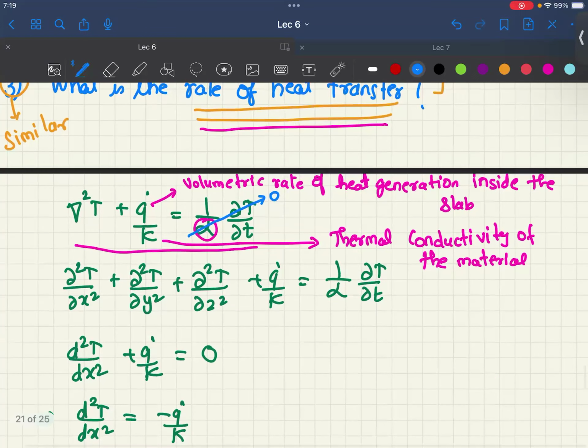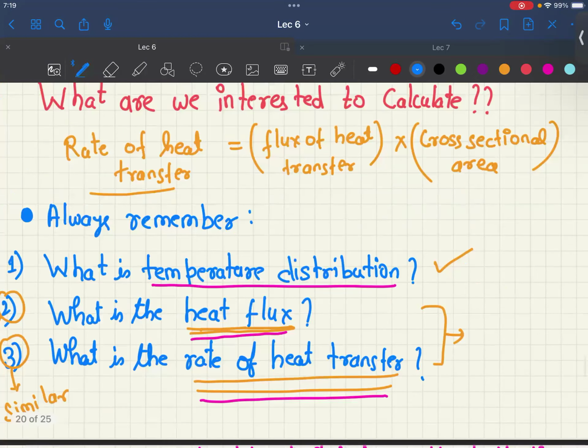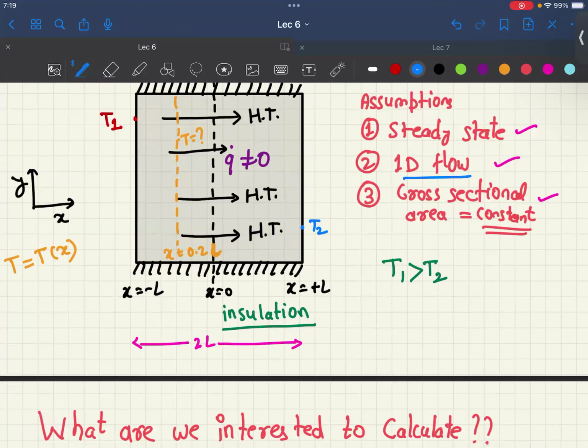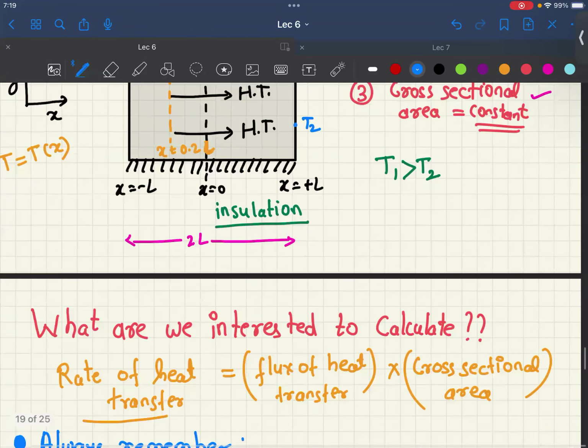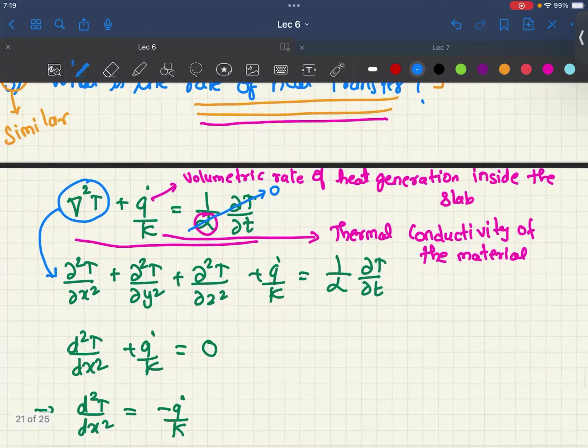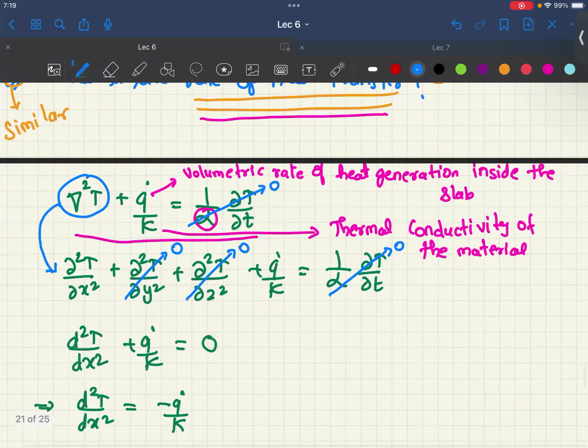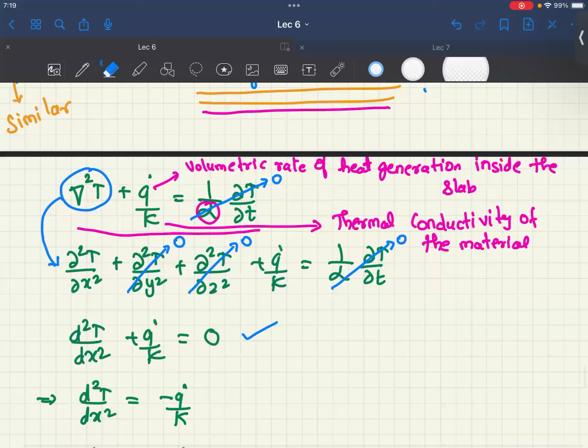The expansion of the Laplacian in the Cartesian system is nothing but this. And since this is a one dimensional flow, these two terms go to zero, and this also becomes zero. Hence the overall expression boils down to this expression.